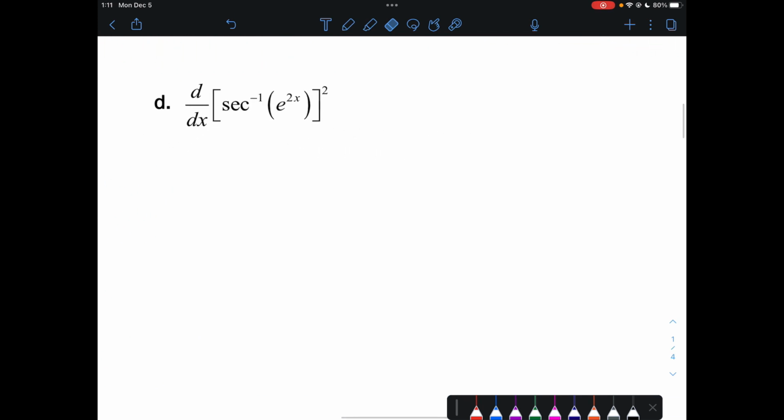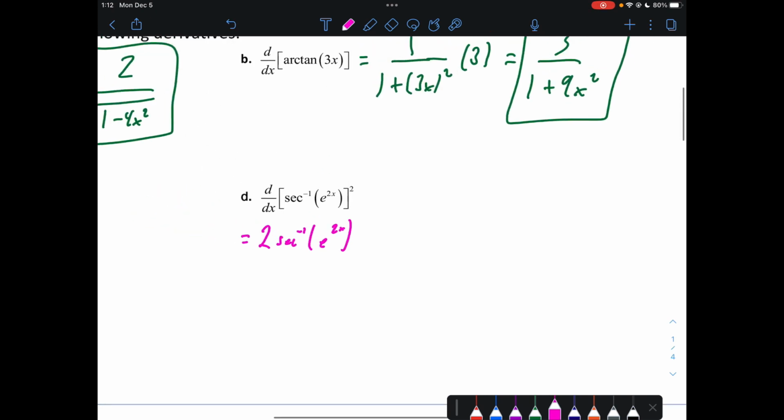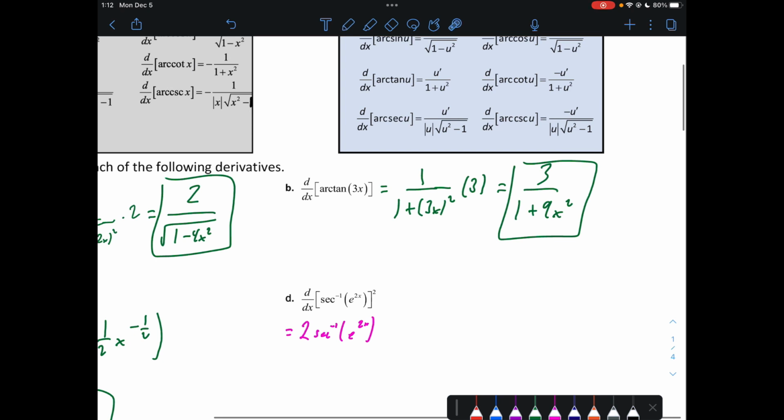All right, tricky one here is it's going to involve a couple chain rules. Okay, so the outermost function is squared. So our first link in the chain is going to be 2 secant inverse e to the 2x. Then we're going to apply this rule here.